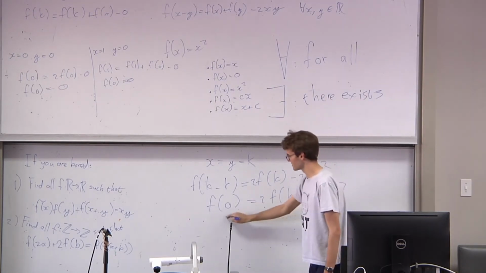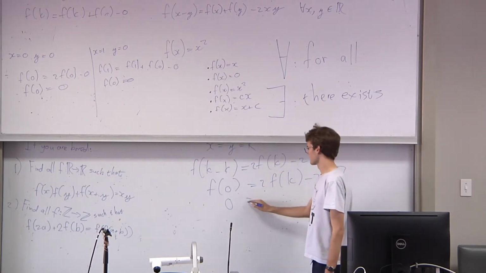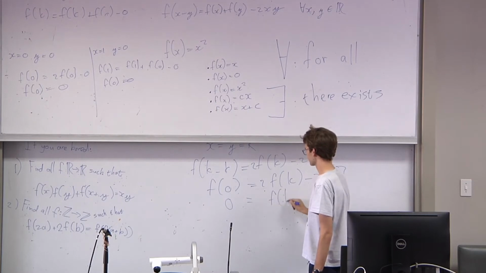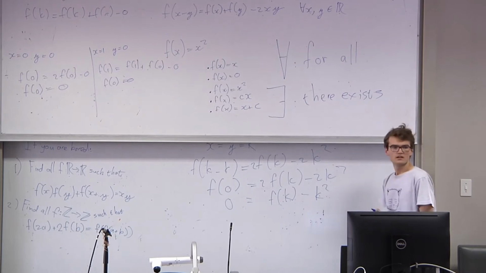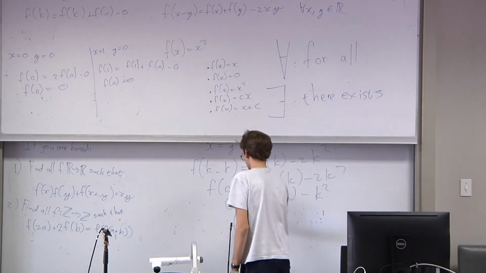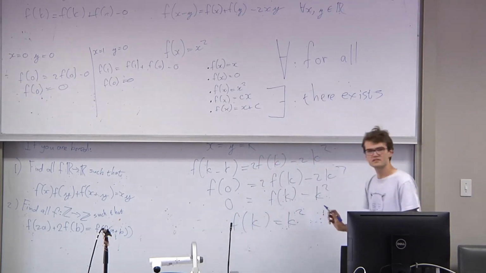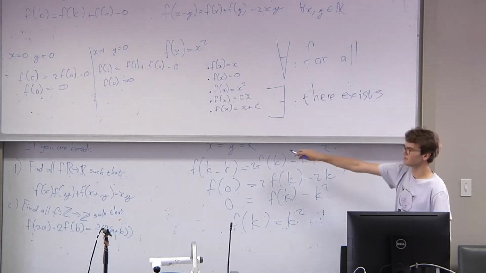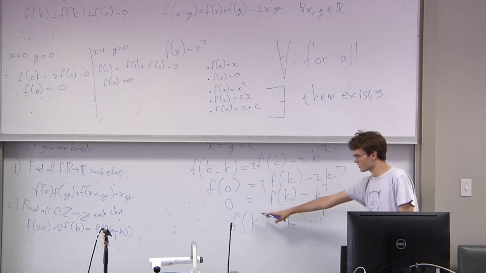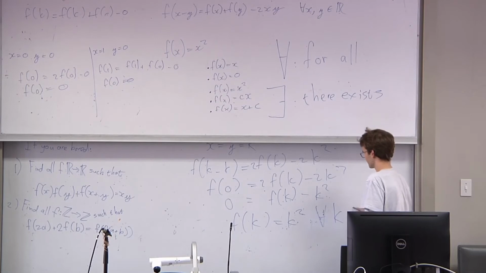And this is 0, and you can divide by 2, at which point you can rearrange it to get that f of k must be equal to k squared. And since we didn't pick a specific value for k when we made the substitution, this must be true for all possible values of k that we can substitute in.